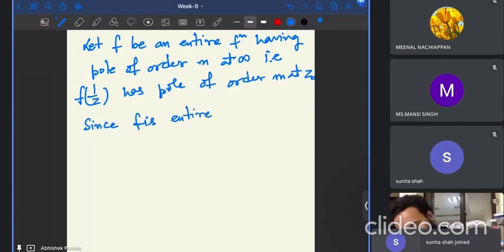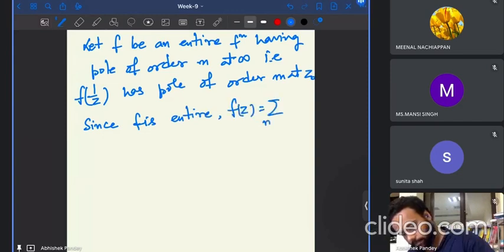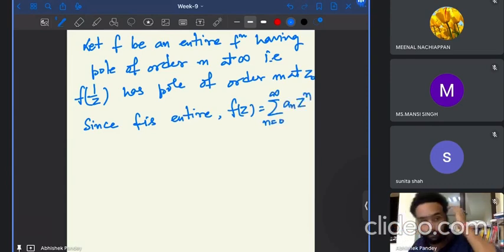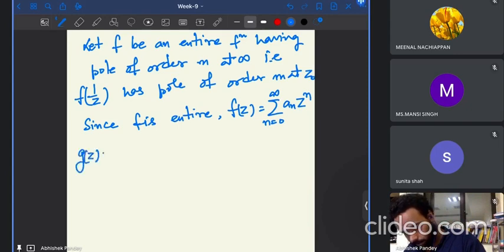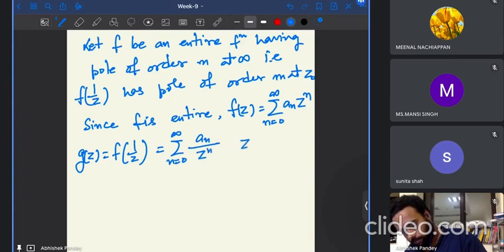Now since f is entire, we can write f(z) as the summation n equals 0 to infinity of a_n z to the power n. Let us say g(z) equals f of 1 by z, which is the summation n equals 0 to infinity of a_n over z to the power n, z not equal to 0.